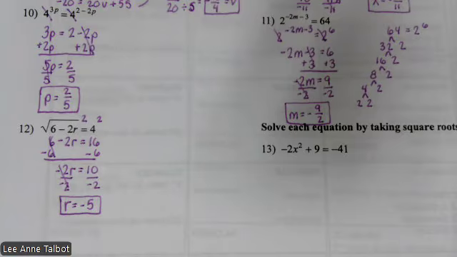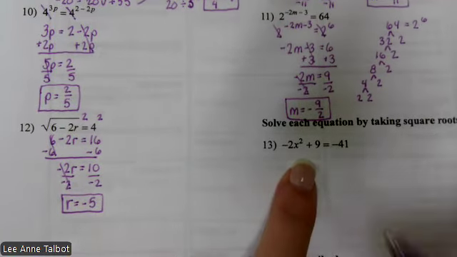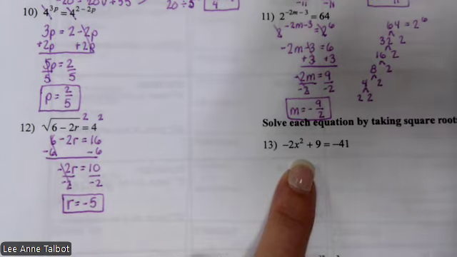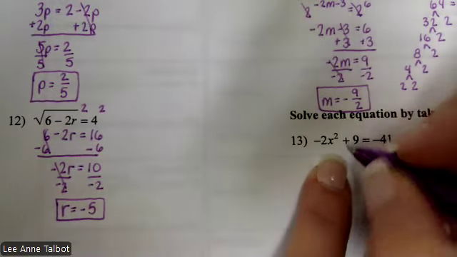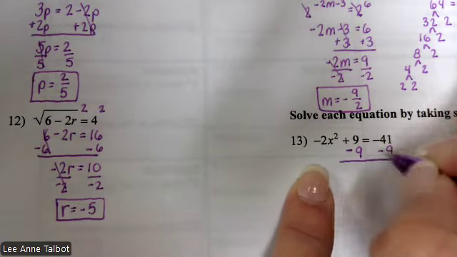Okay, number 13. This one's spicy. Solve each equation by taking square roots. Okay, you don't take a square root right now. So you can't square root it yet until the squared is by itself. So I have to do this part first. I have to minus 9 from both sides.